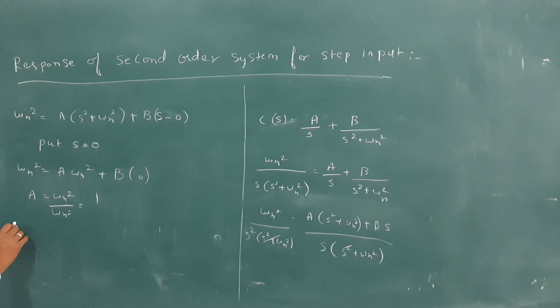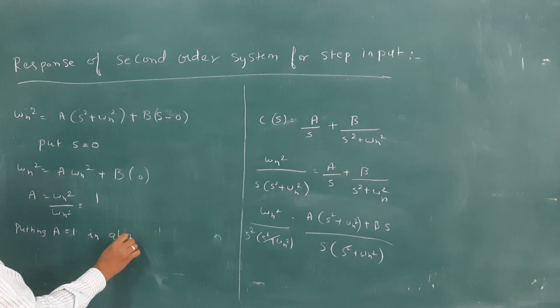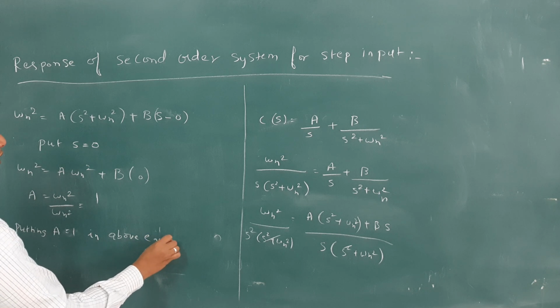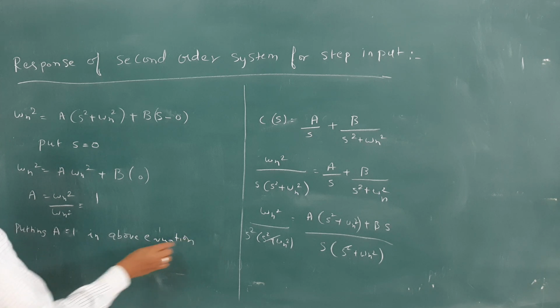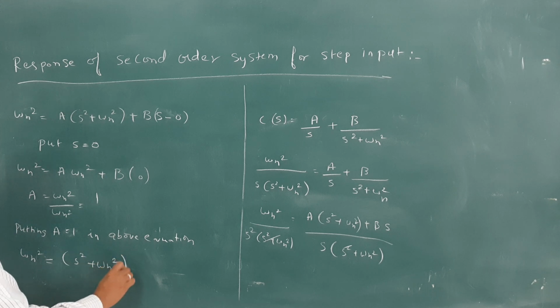Now in this equation we will substitute the A value. Putting A equal to 1 in the above equation, what we get is omega n square equals 1 into (s square plus omega n square) plus B s.